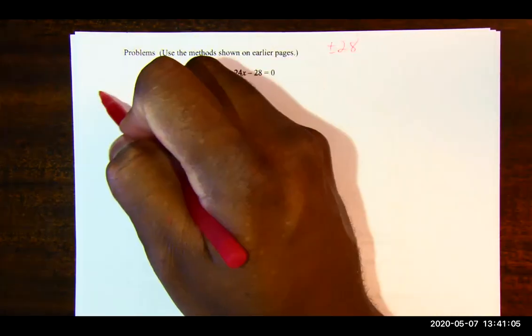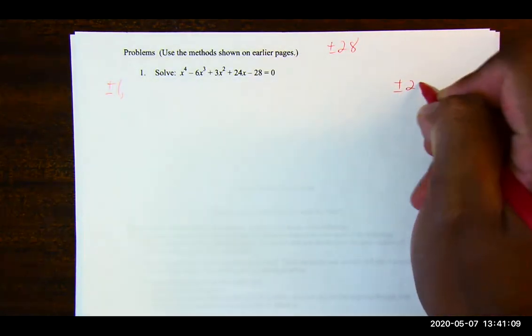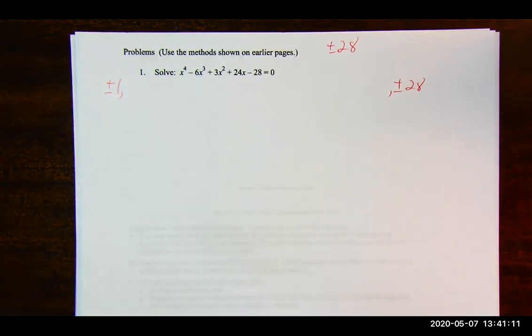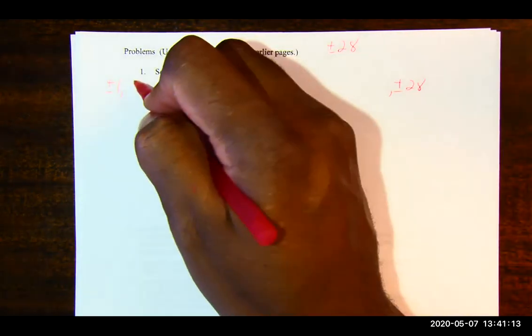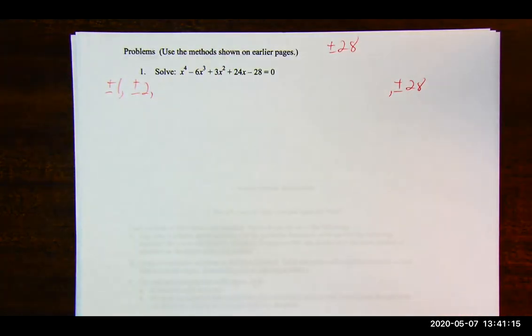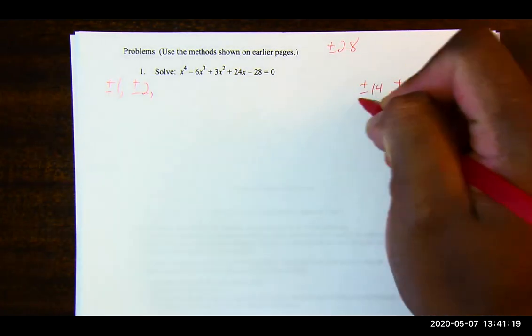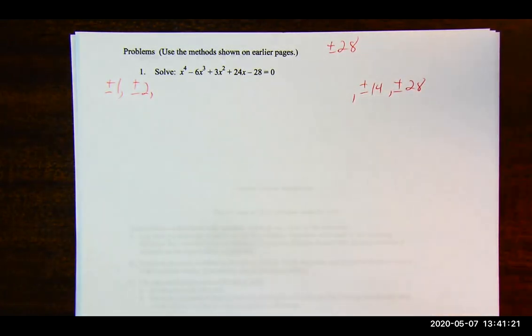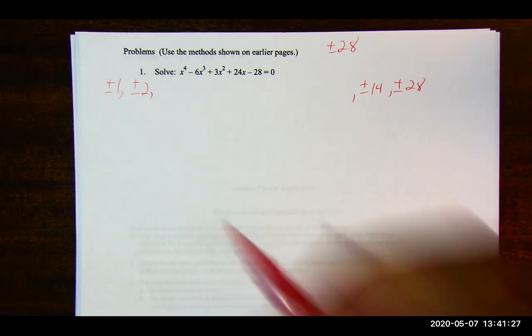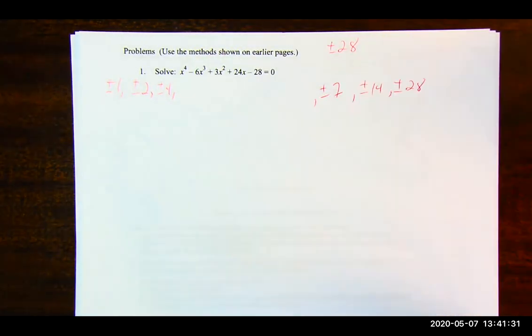So let's start off with plus or minus 1, plus or minus 28. 2, it's even, so it's going to work, plus or minus 2. 2 times 14 is 28, so we have plus or minus 14. Let's see if there's another situation. I know it isn't divisible by 3. But I know 7 times 4 is 28, so let's do plus or minus 4, plus or minus 7.